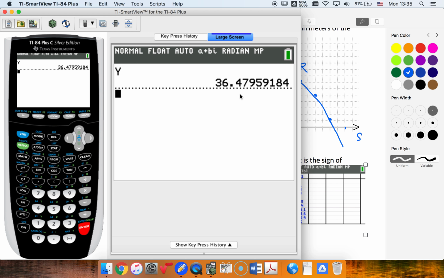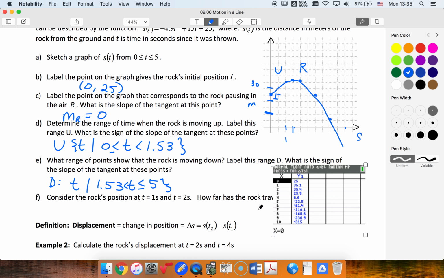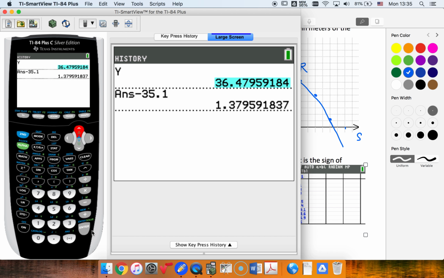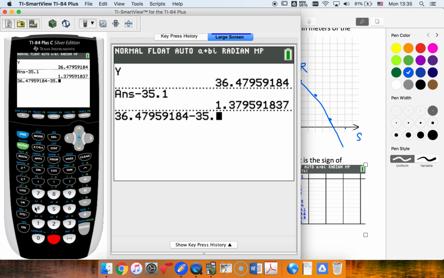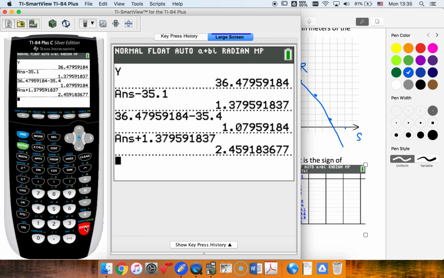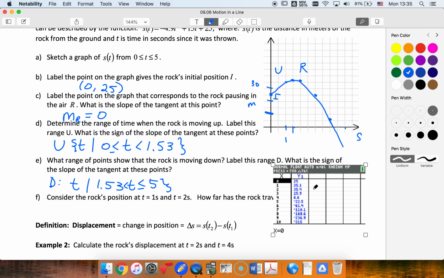So I'm going to find the distance. Starting from 1 second, I was at 35.1, so I'm going to take this value and subtract 35.1. I'm also going to take this value and subtract 35.4. Together, the sum of those is the total distance traveled. Notice this is different than the displacement.